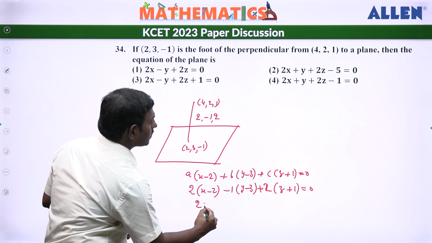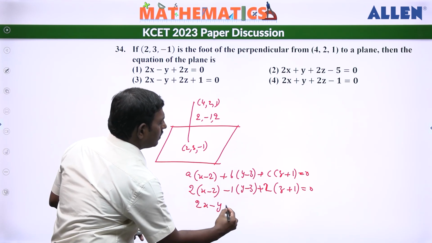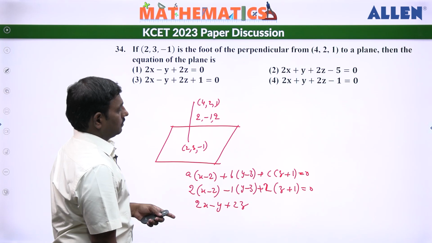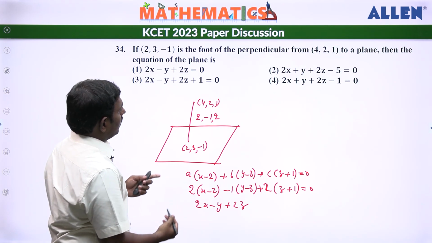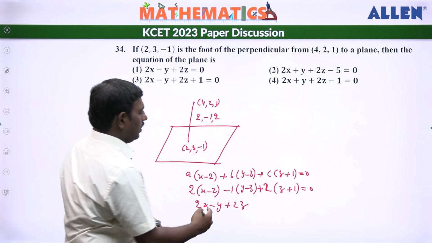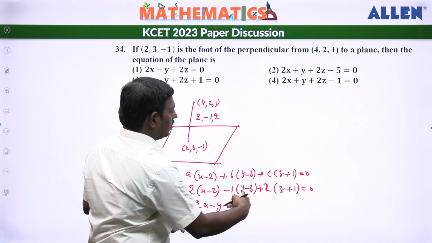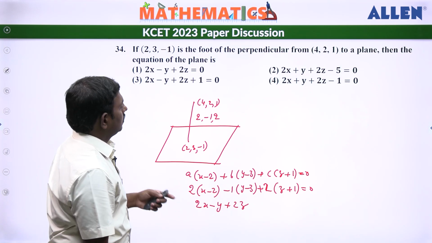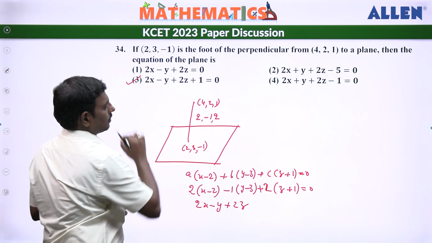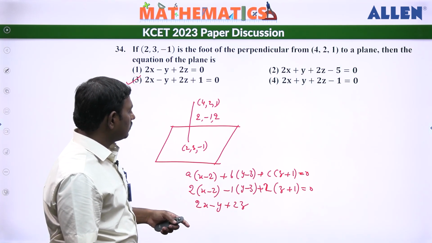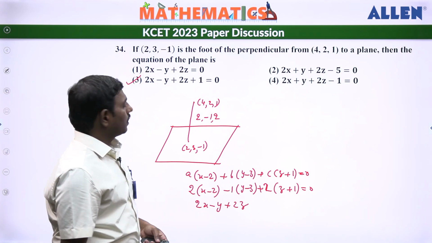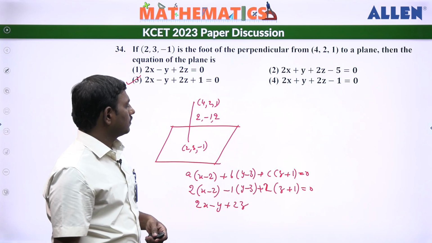Now this becomes 2x minus y plus 2z, and clearly we can say option number 3, because the constant is minus 4 plus 3 plus 2. So option C is the correct answer for this question.